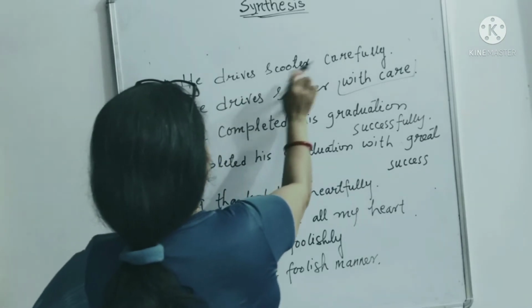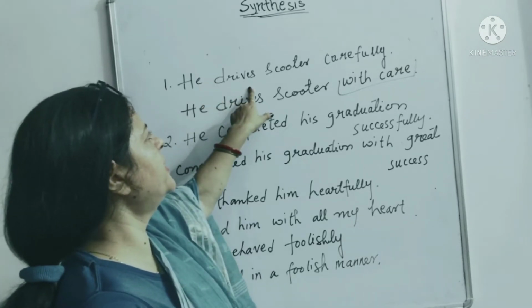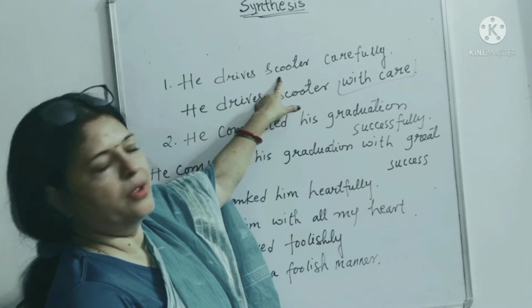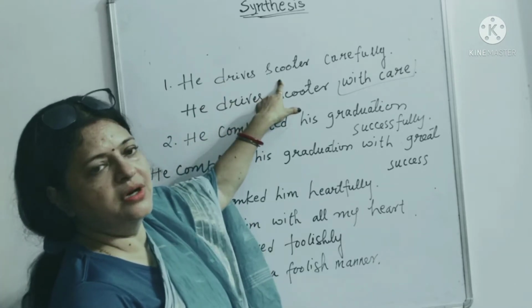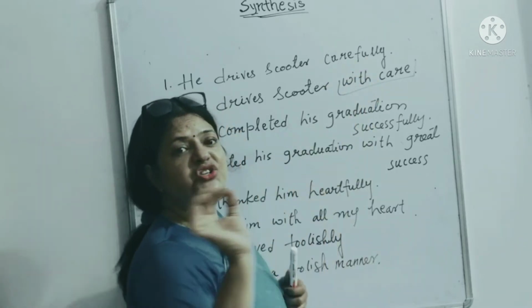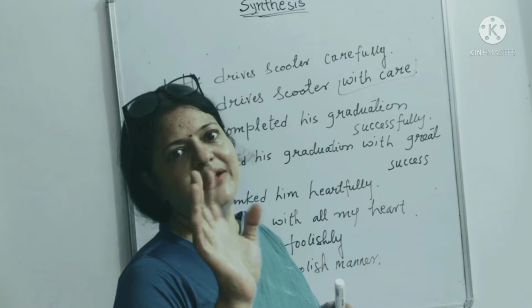He drives scooters carefully. So I've written the first sentence: he is the subject, drives the verb, scooter. Here we see careful is an adjective, and we have added ly to make it an adverb.